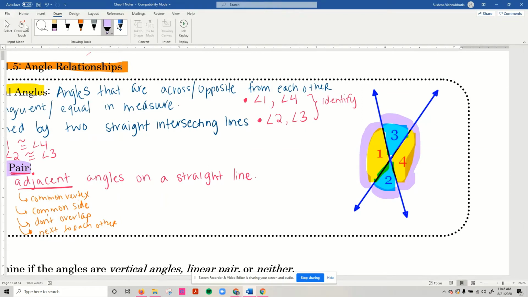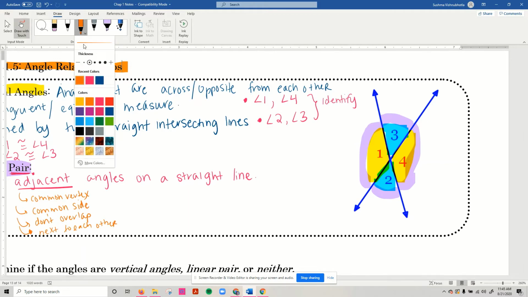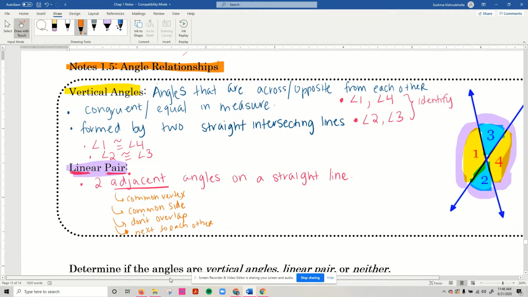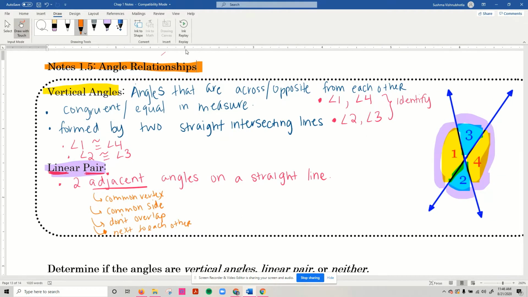Okay. I will list out all of them. It's hard to label it with the colors because they do overlap. But linear pairs, if I asked you to identify, you could say, like I said, 1 and 3, 3 and 4, 2 and 4, and then finally 1 and 2. So all of these are linear pairs. So if they're on a straight line, we know straight angles are 180 degrees. So all of these add up to 180.